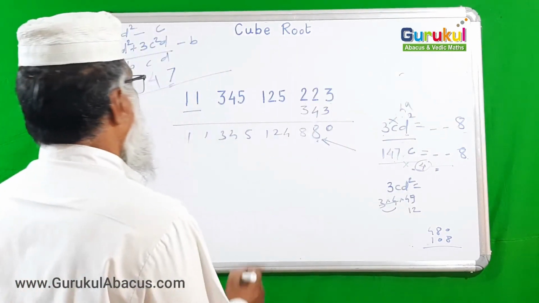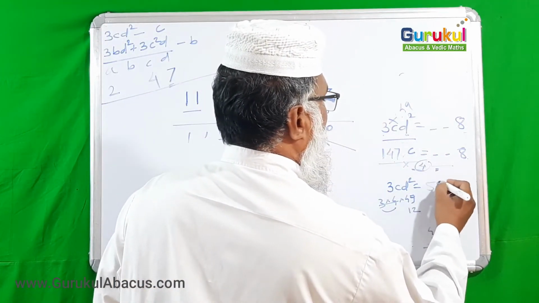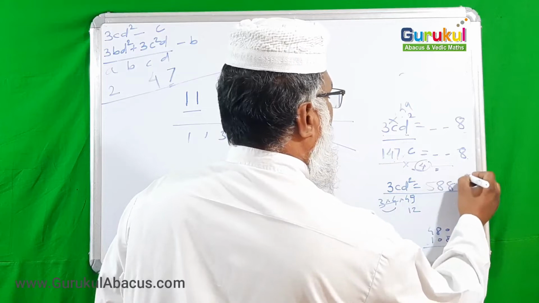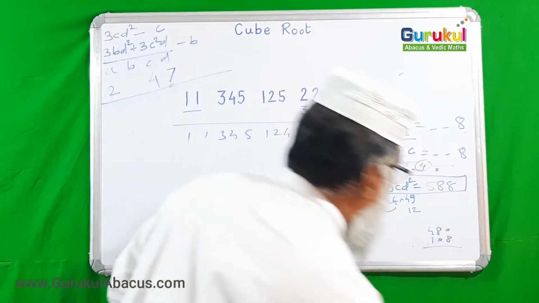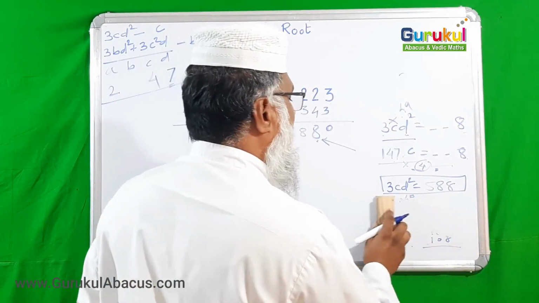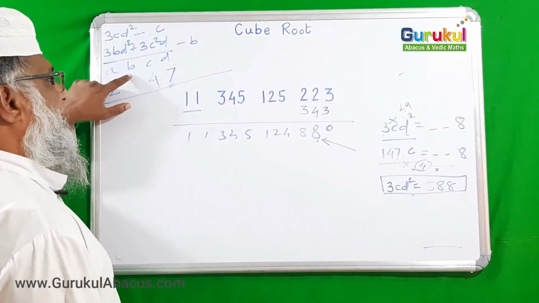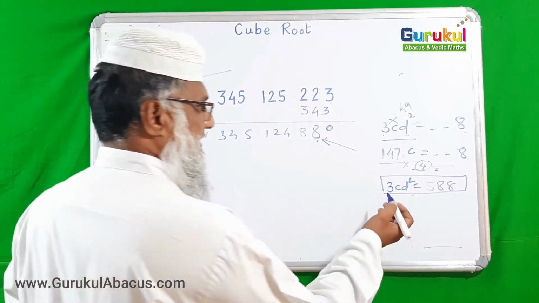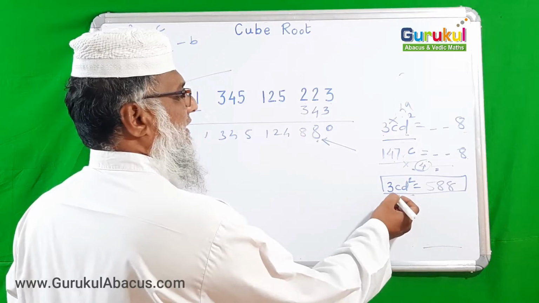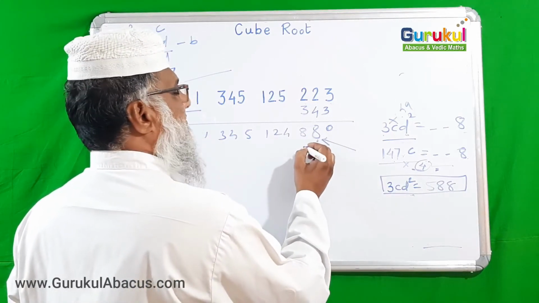Our 3CD square is 588. With that value, now we are starting the process to find b. So while finding b, what to do? Firstly, we have to subtract the value of 3CD square from it.